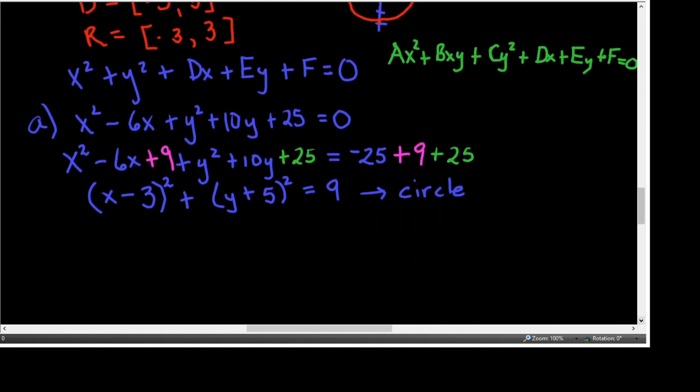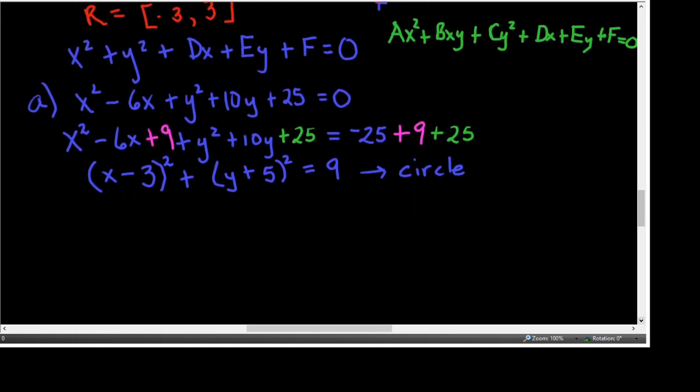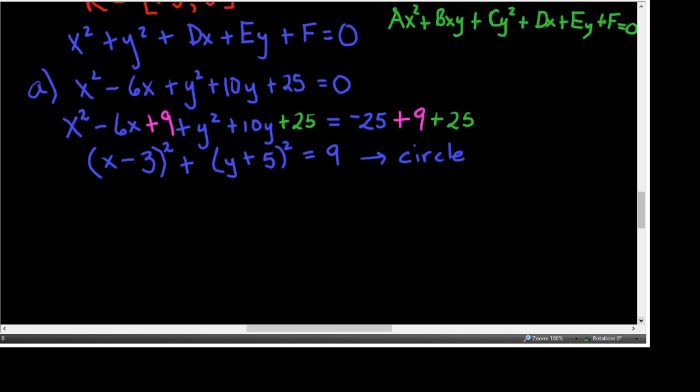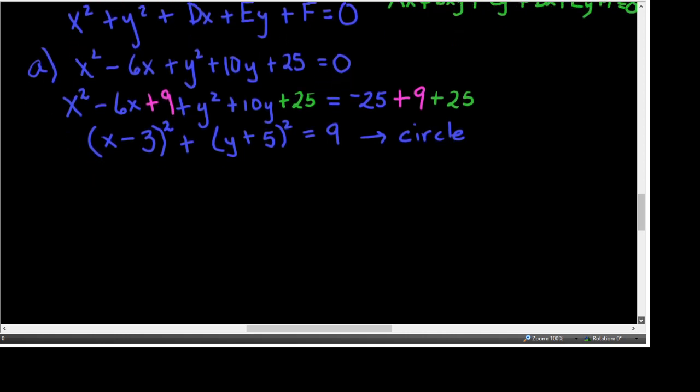Now when you're graphing from the equation like we were given for part A, I do want you to realize that part of the work here is going to be identifying the major parts of the circle. That is, what are the coordinates of the center? In this case, it's 3, -5.